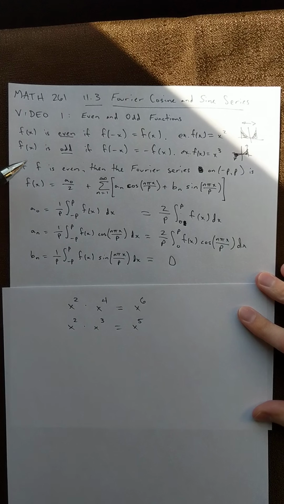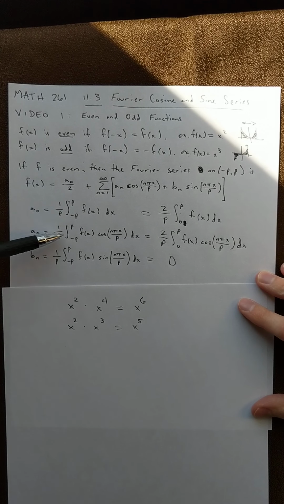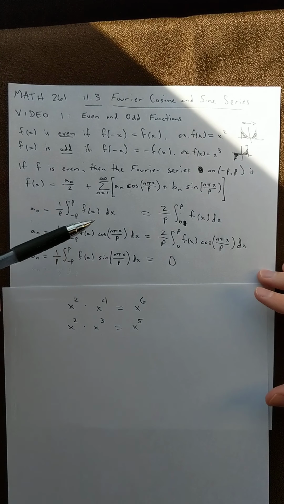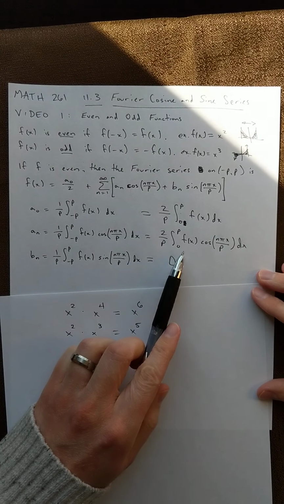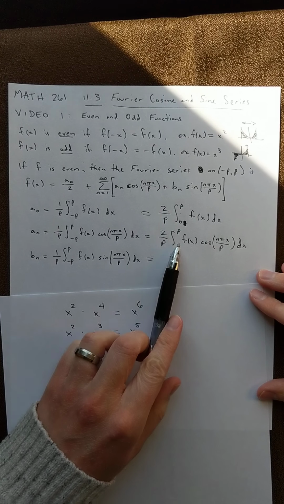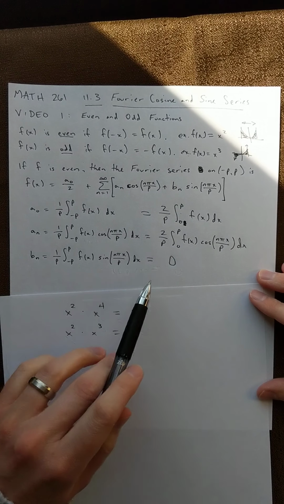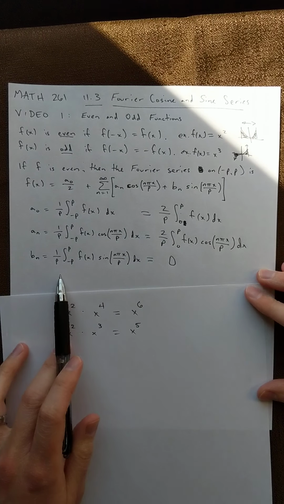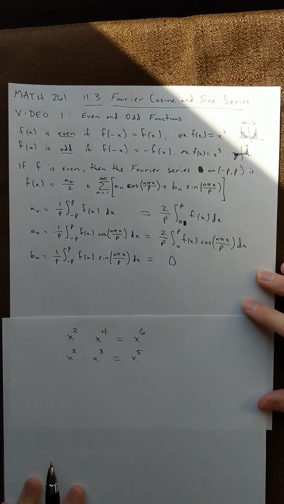So bonus, if we started off with an even function, we can make 2 of our integrals a little bit simpler. We just have to integrate them from 0 to p instead of -p to p. That usually works out nicer because it's easier to integrate plugging in zeros. And then this is the one that's really convenient. We don't even have to do this integral since it just spits out a 0.